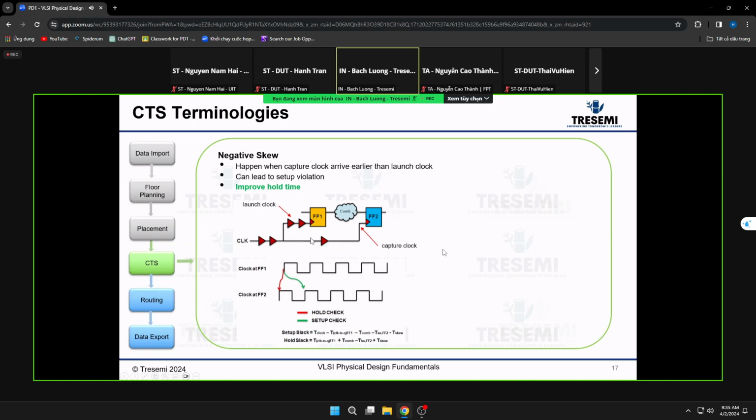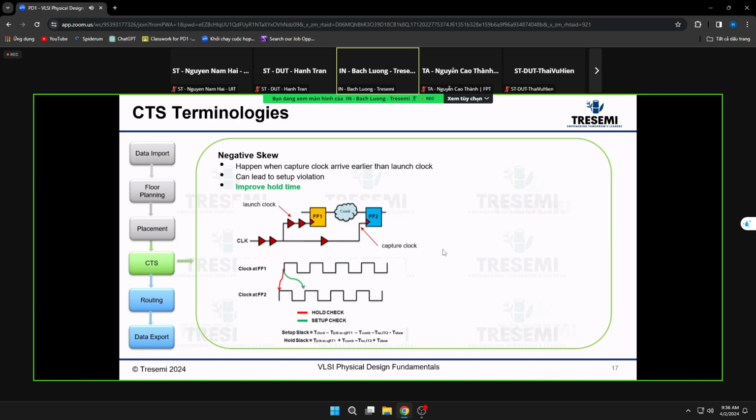So you have a negative skew. Here, the insertion delay on your launch clock is much longer than on the capture clock. Then your T capture minus T launch would be a negative number. Remember, this can lead to setup violations. The larger the negative skew, the more setup violations you'll have, which means your design may have to run slower if you have a lot of negative skew.